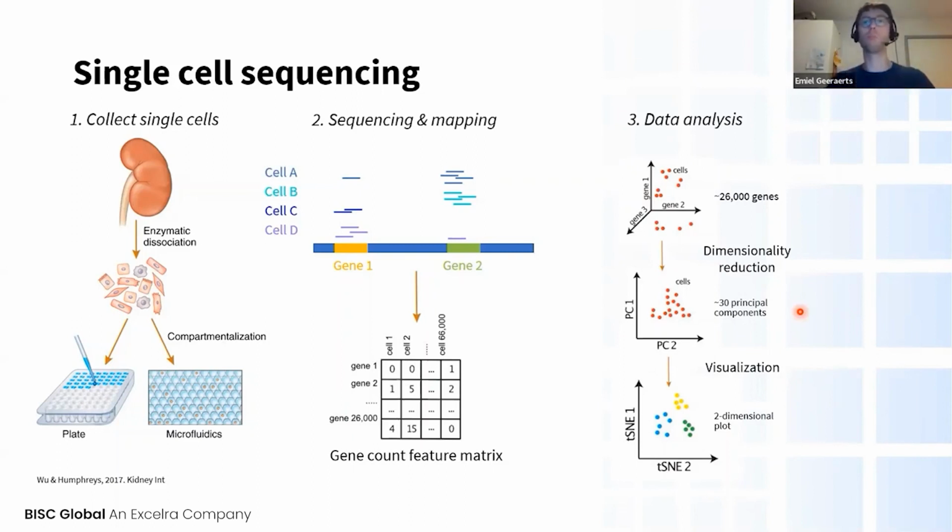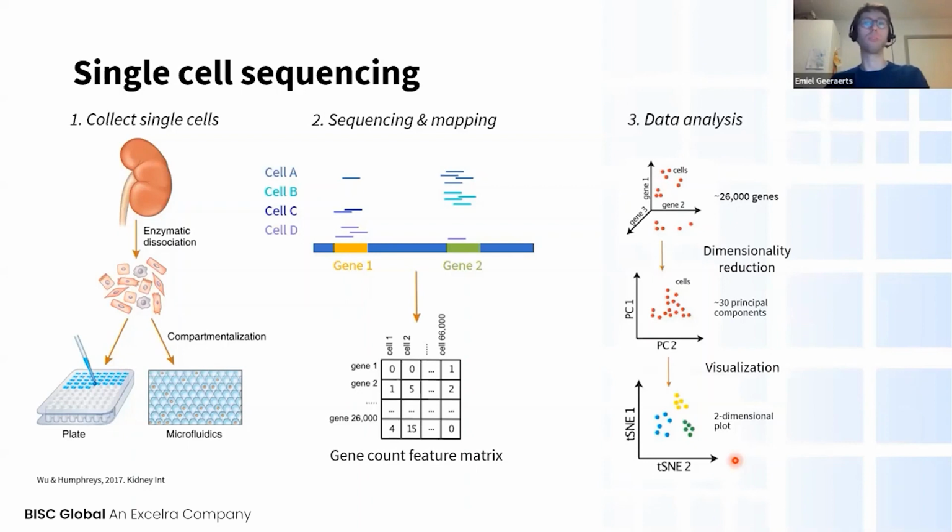This can be done in multiple ways, but most often scientists extract the top 3,000 to 5,000 most variable genes, run a principal component analysis, and based on that reduced dimensional set of, let's say, 30 principal components, that's what they use to create their visualization.